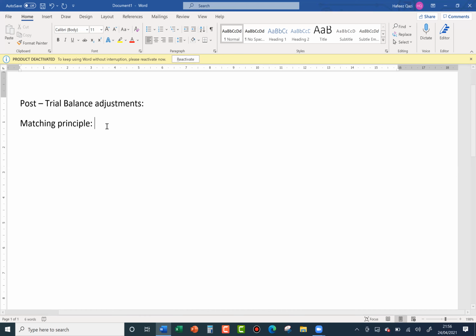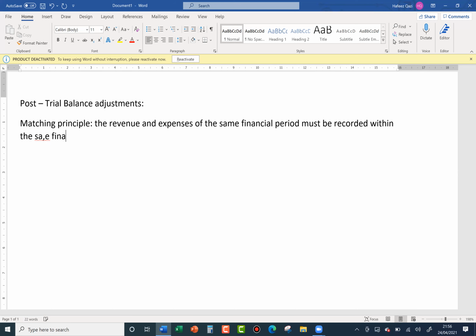Now, the matching principle is that the income or revenue and expenses of the same financial period must be recorded or recognized within the same financial period.